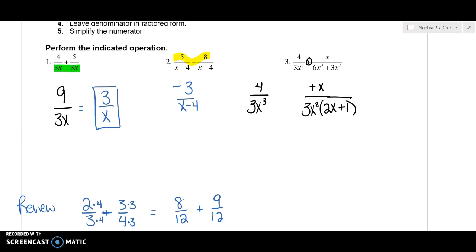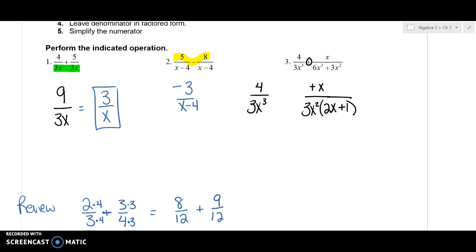Okay, now do you see how I attached that plus sign to the x? That's not really all that important when it's addition, but if we were subtracting fractions, it'd be really important for you to attach that negative to the second numerator. So whatever symbol is between the fractions, just attach that symbol to the second numerator, and that will make your life easier later on.